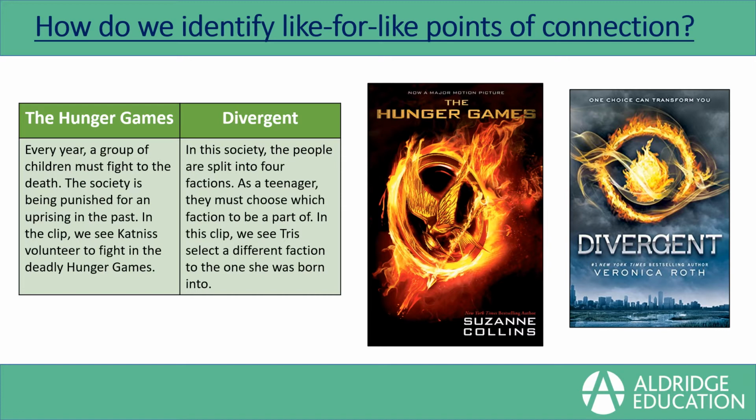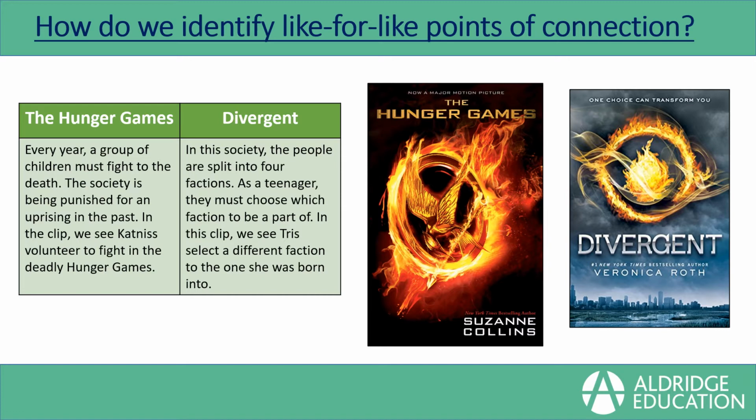So what we've looked at is The Hunger Games and Divergent, and they're very similar in the sense that they are both about a dystopian society. In The Hunger Games, a group of children must fight to the death. The society is being punished for an uprising in the past, and in this clip we see Katniss volunteer to fight in the deadly Hunger Games.